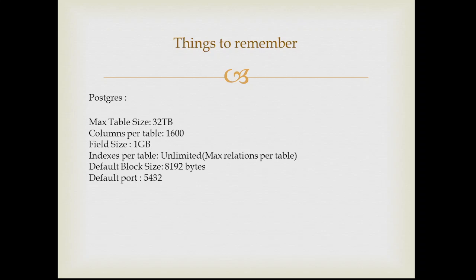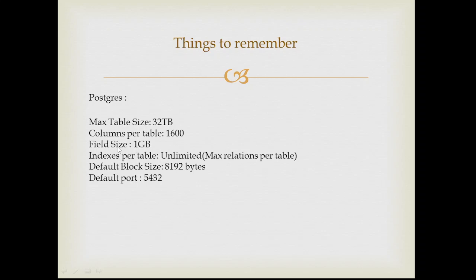How many columns can it allow for a table? It allows 1600 columns per table. That's very large as well. Field size: one column field can have 1 GB of data in it. So if it has 10 columns, that can have 10 GB of data.